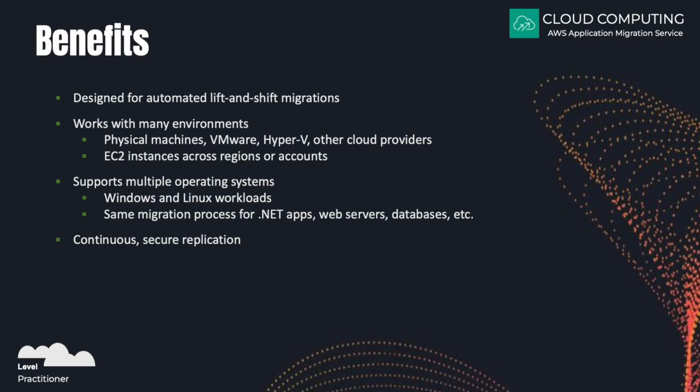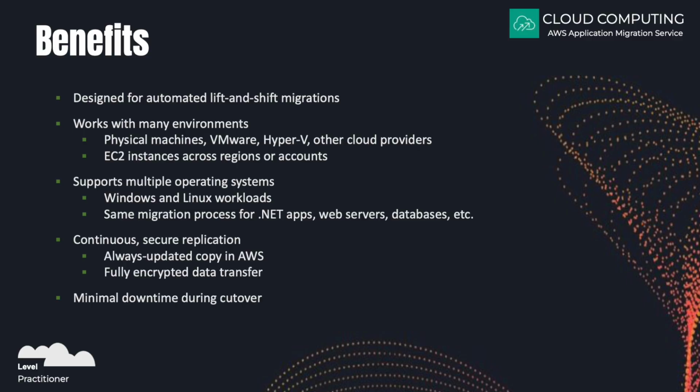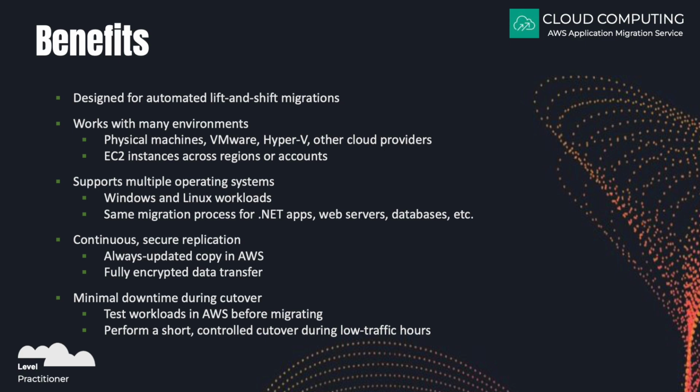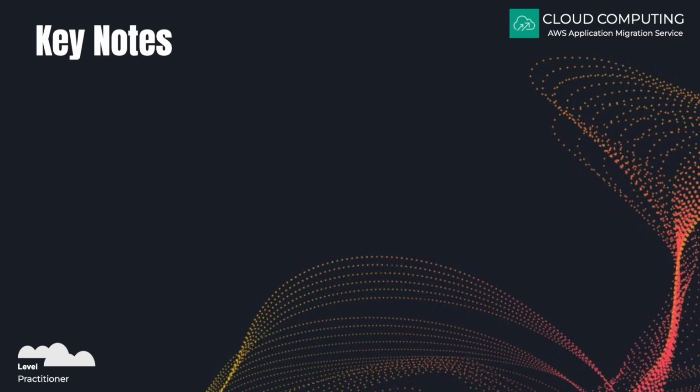Replication is continuous and encrypted, keeping your target environment up to date while ensuring data security is always there. And during cutover, downtime is minimal because you can test ahead of time and switch over during a low traffic window.